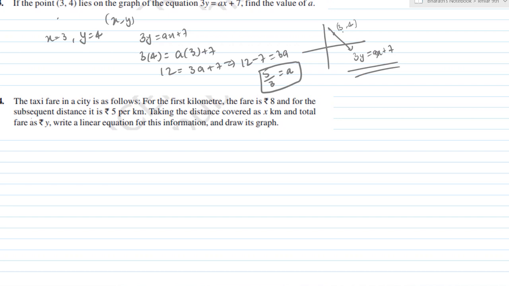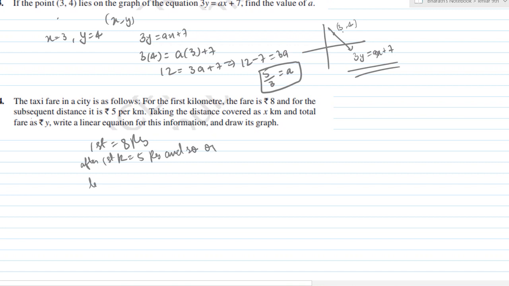Next question. A taxi fare in a city is as follows. For the first kilometer, the fare is 8 rupees, and for the subsequent distance, it is 5 rupees per kilometer. Taking the distance covered as x kilometers and the total fare as y, write the linear equation for this information and draw its graph. Fine. So the taxi fare for the first kilometer is 8 rupees, and for the subsequent distance after the first kilometer is 5 rupees, and so on.